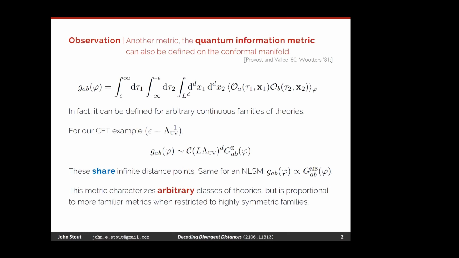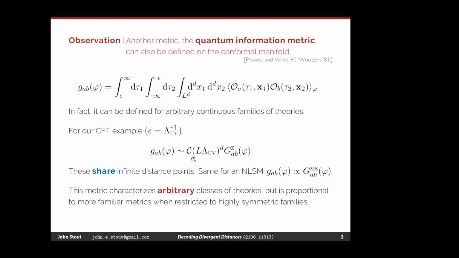And the observation is that if I put my theory in a box with some UV cutoff, and I work at large IR and UV cutoff, then this information metric inherits the parametric dependence on varphi, the parameters that parameterize this conformal manifold, and we get a proportionality between the information metric and the Zamolodchikov metric.